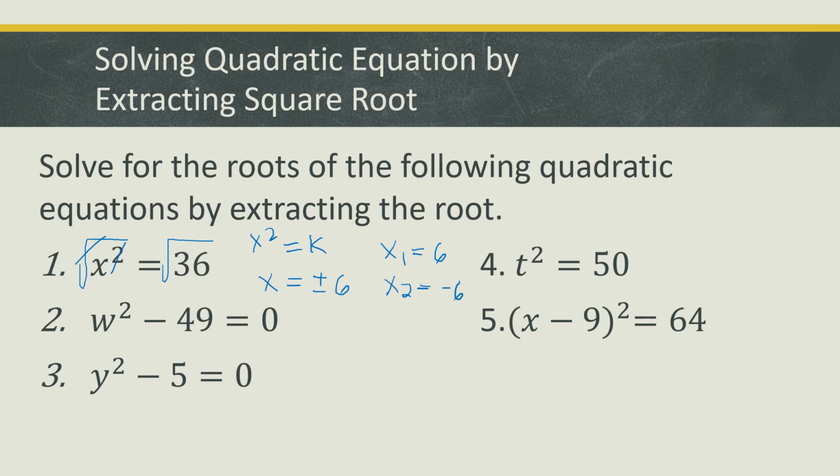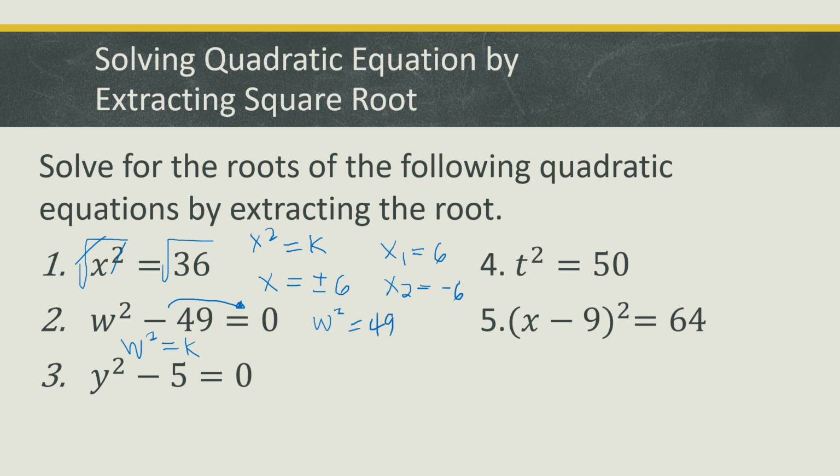Okay? Example 2, we have w squared minus 49 equals 0. Since it is not in a form of w squared equals k, let us transpose first negative 49. That we have now w squared equals positive 49.